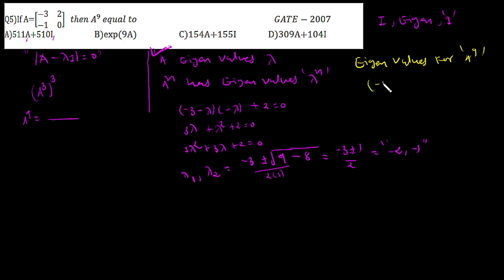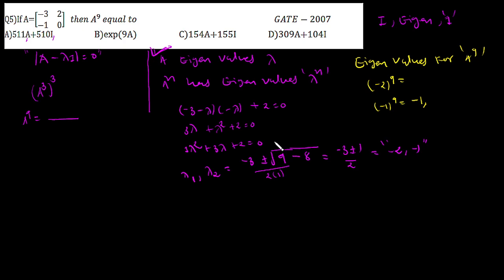So I can write 2 to the 9, and here minus 1 to the 9. In the first case the number is very big, because we raised the power of 2 to 9. Now let's move on to the second one. If we raise minus 1 to the 9, then again we get minus 1, because the power is odd. So one of the eigenvalues of this A to the 9 matrix is minus 1.